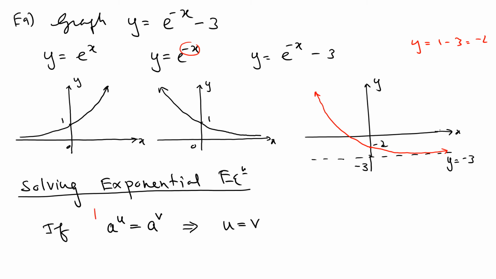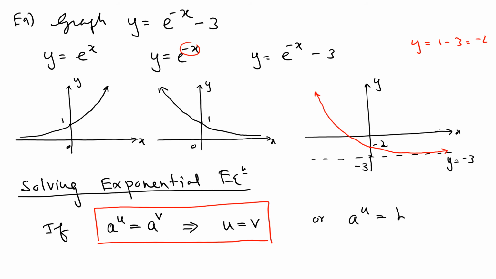That is the result you can use to solve a problem like that. Or you can say there's some base a, and then you have the same value u, and also base b with value u. If this is the case, the only thing that can happen is a equals b. Those are the results that we use to solve exponential equations.